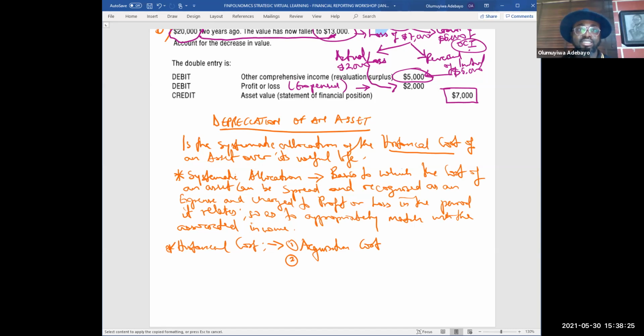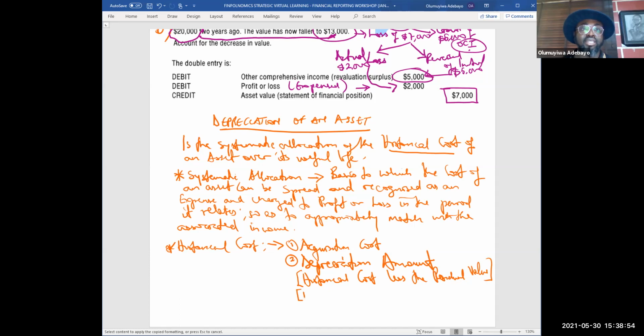In that case, rather than use the acquisition cost, we substitute historical cost with the depreciable amount. And what is the depreciable amount? It's simply the historical cost less the residual value.